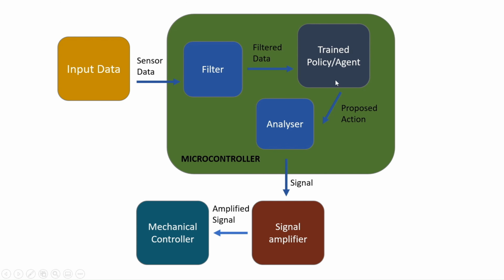The data is then processed and fed to the trained agent. The analyzer then looks at the proposed action and does some final processing to the output data. This small signal needs to be amplified via an amplifier before feeding to the mechanical controller that controls the switch.